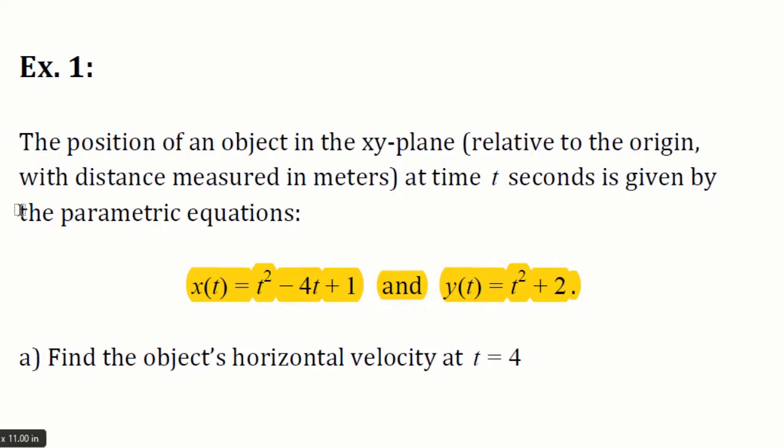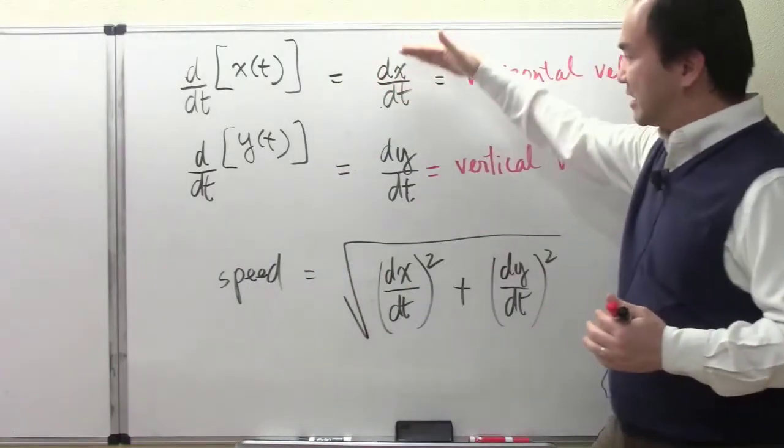Now, question part A in our example: find the object's horizontal velocity at t equals 4. All of that is the reason why I spent so much time trying to explain.